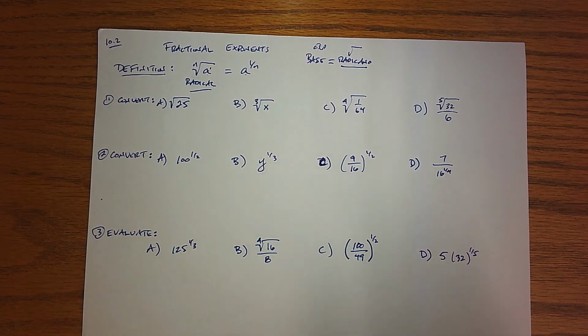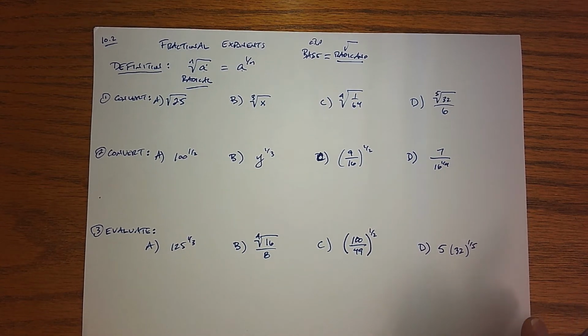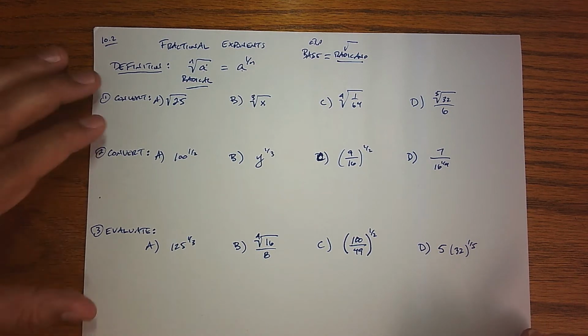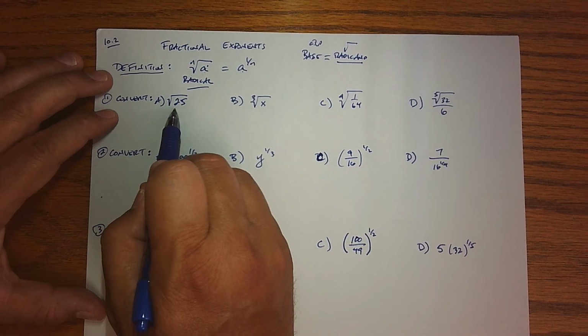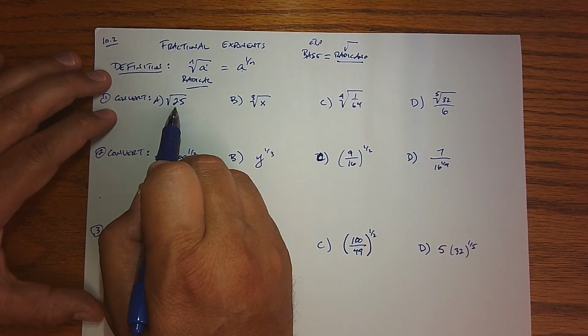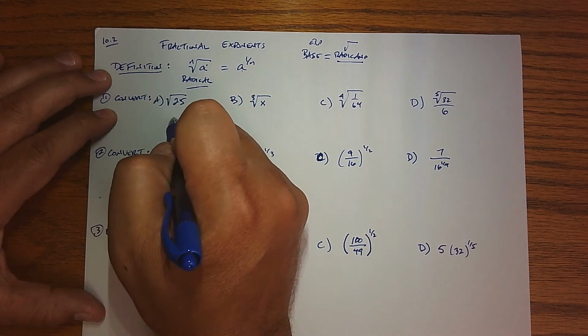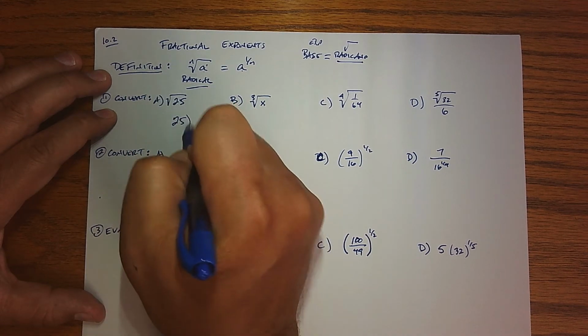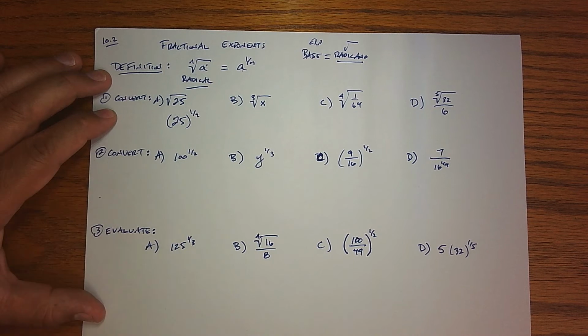So let's spend some time just doing some conversions first, walking from one expression to the other, and then doing some evaluations, and we'll slowly pick things up. So in 10.1, we called this the square root of 25. And what we are now going to say is that this is 25 in parentheses to the 1/2 power.